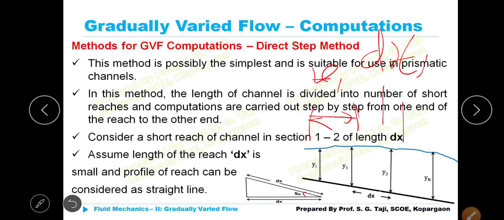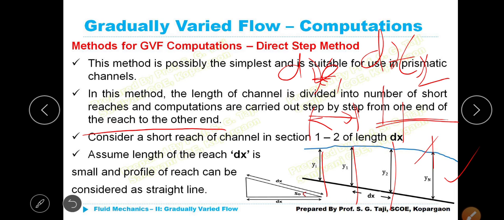In order to understand, we put dx1, dx2, dx3, dx4, etc. Short reaches, and computations are carried out step by step from one end of the reach to the other end. Means this is 1-1, this is 2-2, this is 3-3, this is 4-4 section. From the 1-1 section to the 2-2 section is dx1. From section 2-2 to 3-3 section, dx2, and so on.